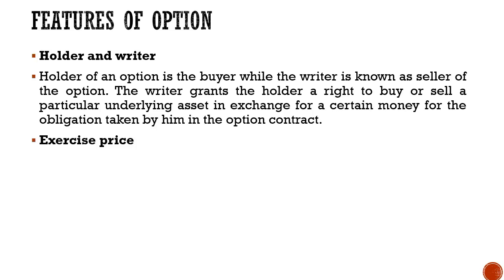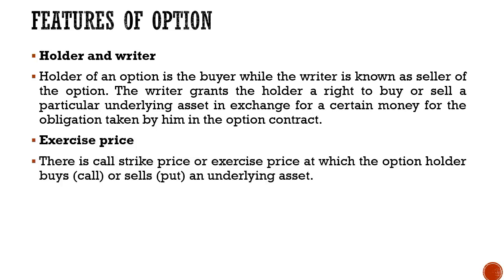Next is the exercise price. There is a strike price or exercise price at which the option holder, that is the buyer, buys, that is the call, or sells, that is the put, an underlying asset. So the exercise price can be for either the call or the put option. Variety of underlying assets.